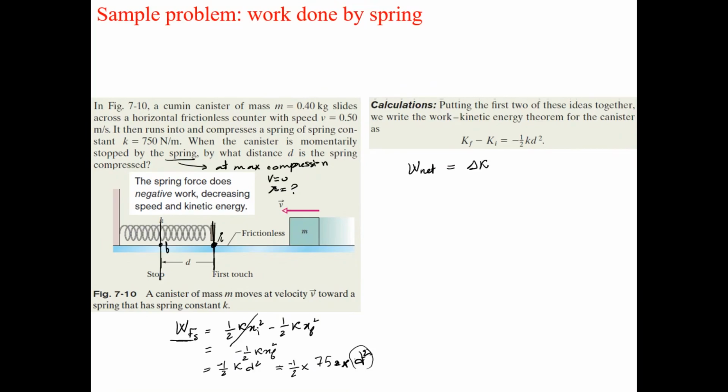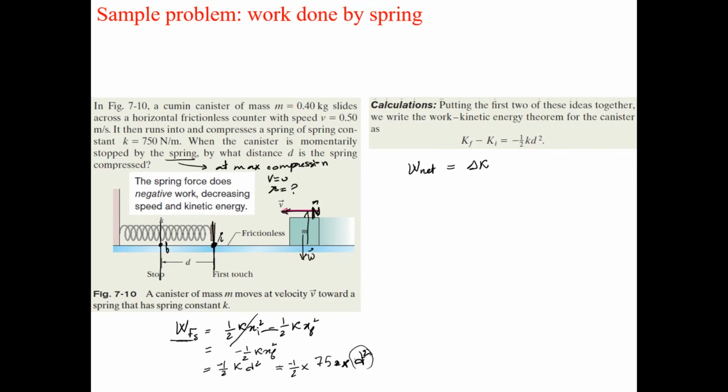There's no other force doing work here because the canister is moving to the right, and thus the weight and the normal don't do any work because they are vertical, and horizontally all I have is just the spring force when we start the compression. There are no other horizontal forces, and that's all.